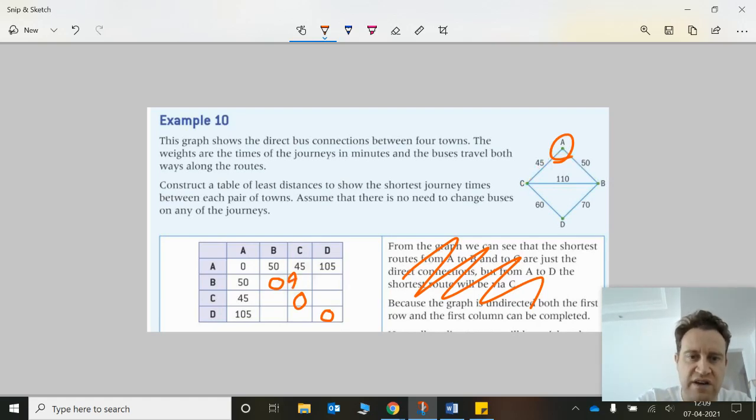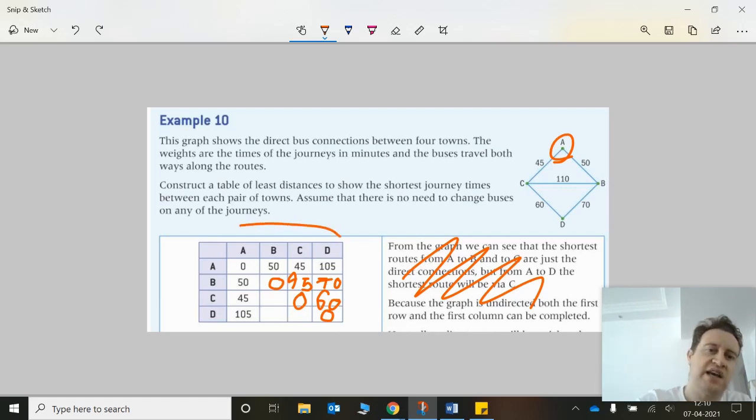So that's 95 and 95. And D is connected to B there as well with a minimum length of 70. Okay, and then C is connected to D with a minimum length of 60. Okay, and then of course we can copy those things across. That's going to get a little bit messy when I fill that in, but you can copy those things onto the other side as well.